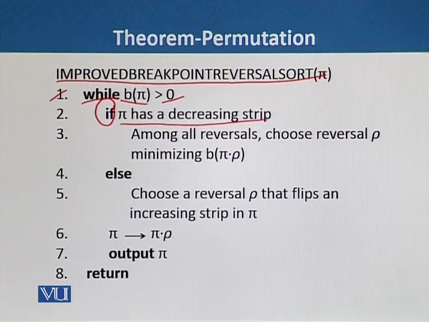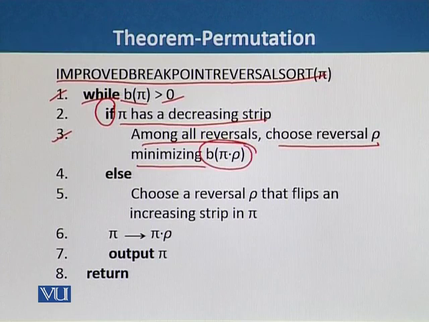So those pi which have decreasing strips will be sorted in the increasing order. In the third step, among all reversals that were carried out in the second step, choose the reversal rho that is minimizing. So we know that b pi rho is the minimum reversals and it should be greater than b pi.